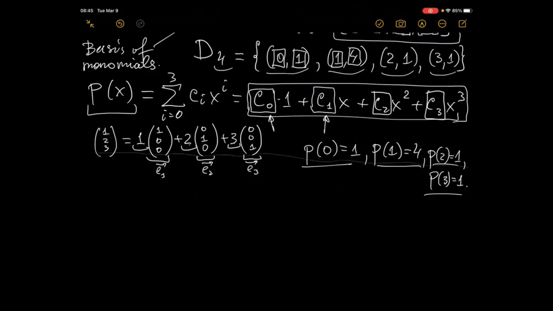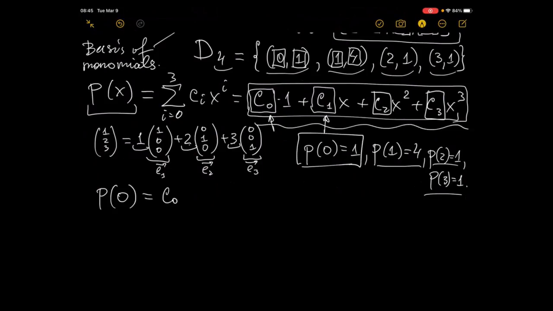Okay, now let us write these using this expression. P at 0 equals C0 plus C1 multiplied by 0 plus C2 multiplied by 0 plus C3 multiplied by 0, right? And this has to be equal to 1.